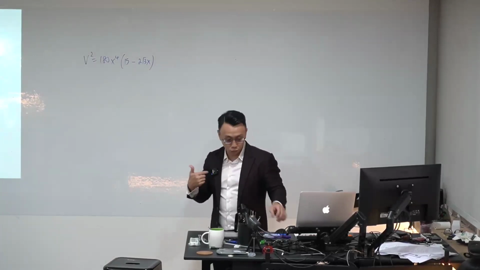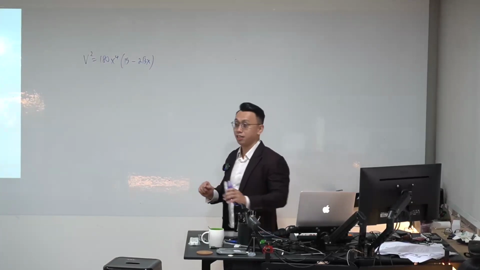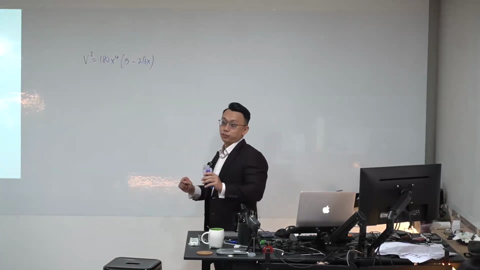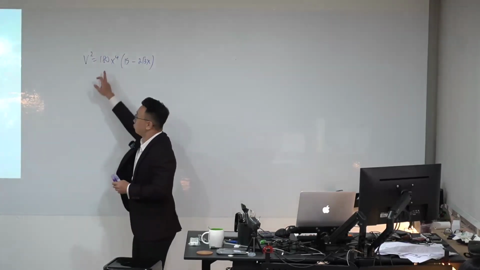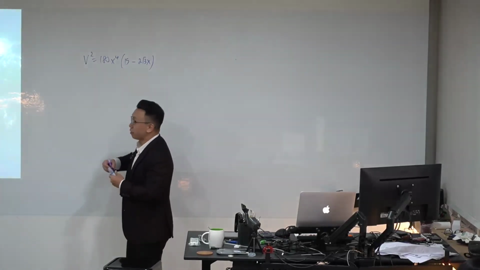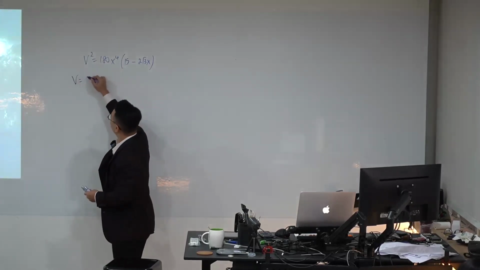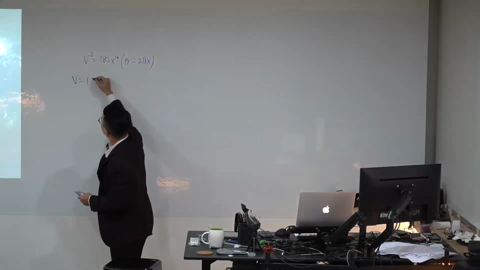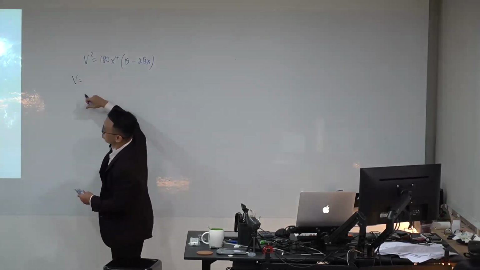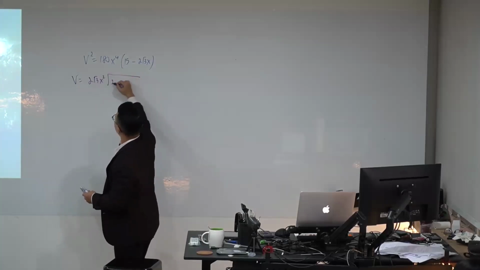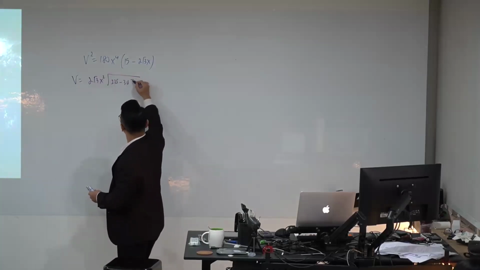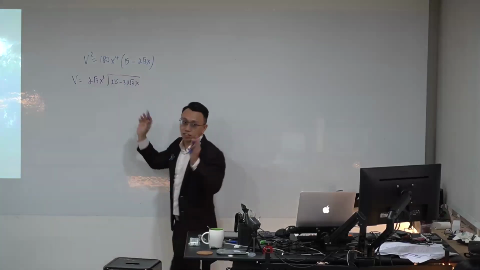If I'm the school, I will confirm ask you to prove the expression. I leave it there for you, but I will not ask you to prove. I will right now show that V equals this. Maybe I simplify a bit: 2 root 3 x squared times the square root of 225 minus 30 root 3 x inside.